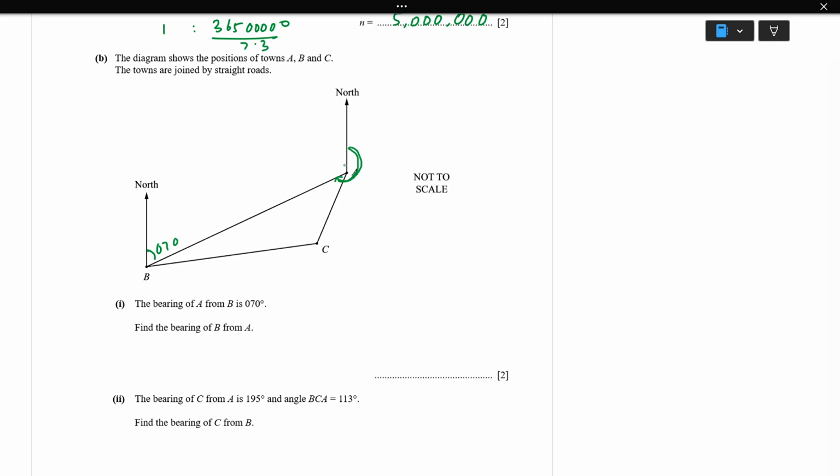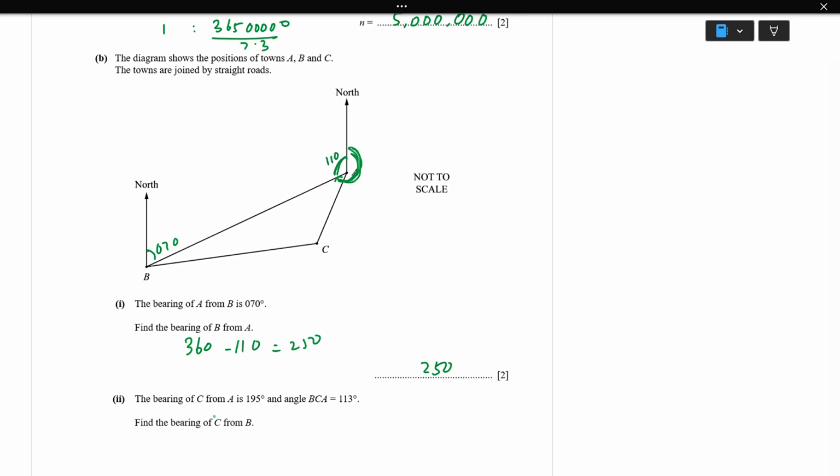Here is 70, here is going to be 110. So this bearing is going to be 360 minus 110, which is 250. So 250 is the answer, because we just subtract from 360. Angle around the point is 360.